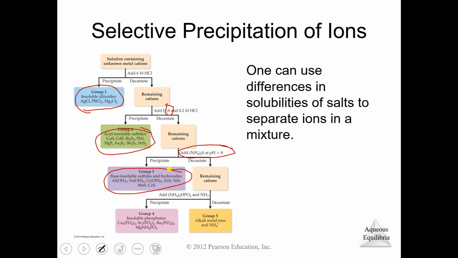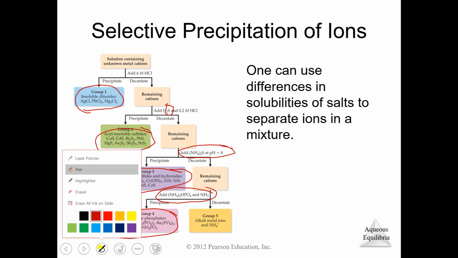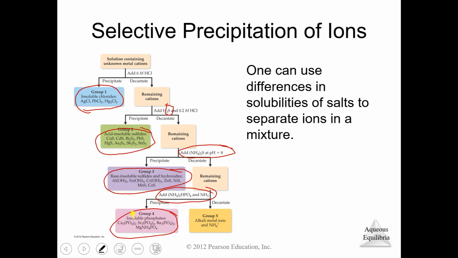If I still get nothing, that's when I can add these, and I'm either going to get a precipitate again based on what I added. So if you can see the anions there, the phosphate, if it precipitates out, these are the metals that make the phosphate insoluble.